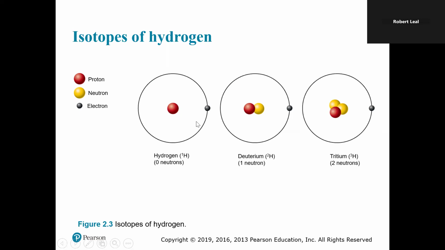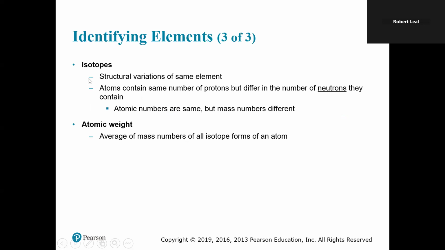Now, when you take the atomic weight, not the mass, but the weight, you have to take into consideration its isotopes. So when you take the atomic weight of an element, it's the average of the element and its isotopes. So an isotope, again, has the same atomic number.